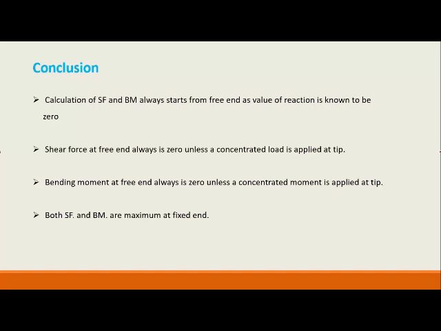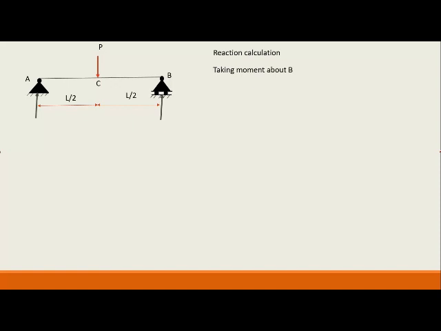These are the 4 conclusions that we have drawn up to date by calculating the shear force and bending moment for a cantilever beam. So let us now consider a simply supported beam having a span of L, and a point load applied at the center, a concentrated load. Always it will create a reaction at A and B in the support. To calculate the reaction, what we will do, we'll take a moment about B. Now we have to have an algebraic summation of the moments also.